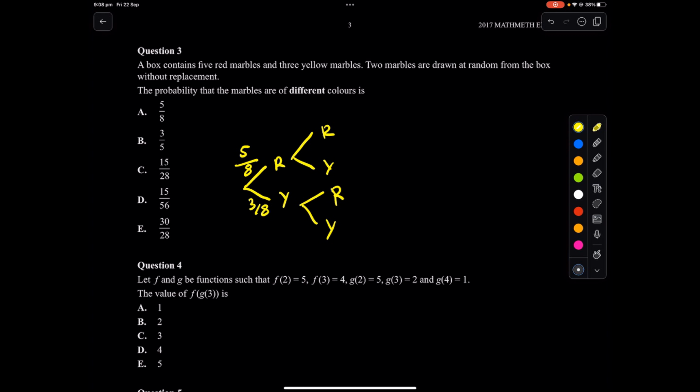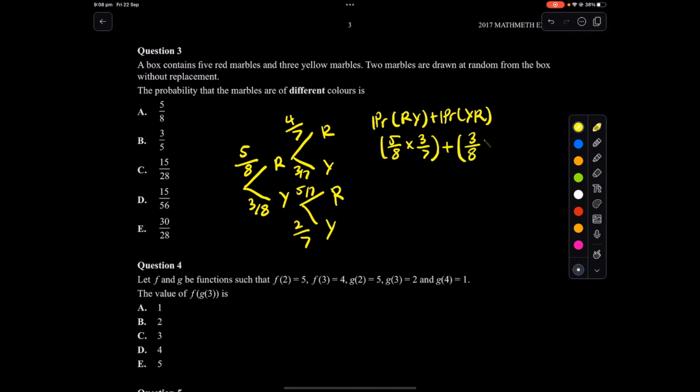Now, because it's without replacement, if we take one, we take it out of the total and we say 2 on 7. So this one will be 3 on 7, and this one over here would be 5 on 7. So we want to find the probability that they are different colors. So we want RY plus the probability that it's YR. So RY is 5 on 8 multiplied by 3 on 7, plus Y, which is 3 on 8, times 5 on 7.